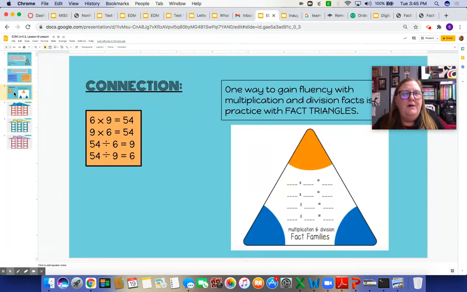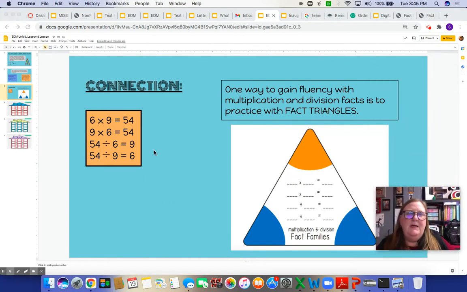Let's go on and see what we're going to do today. One thing that will help you connect here is if you notice that 6 times 9 equals 54, even if we flip these factors and make it 9 times 6, it still gives us a product of 54. Just like when we learned fact families in 2nd grade with addition and subtraction, you can do the same thing with multiplication and division.